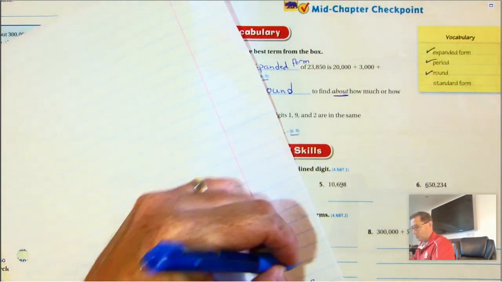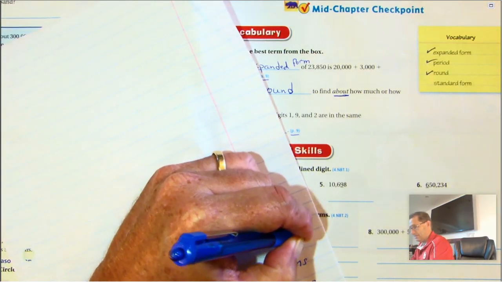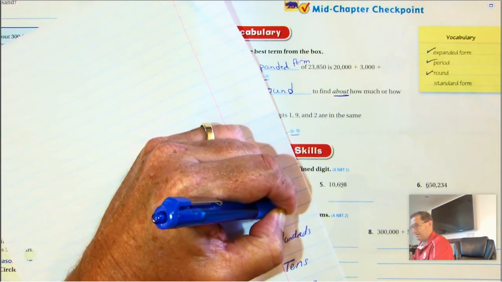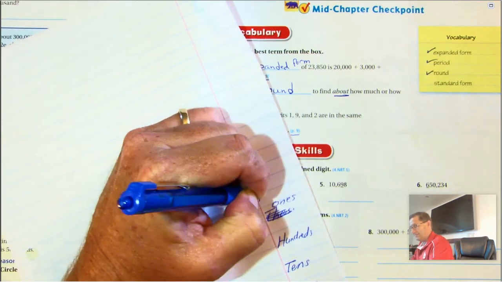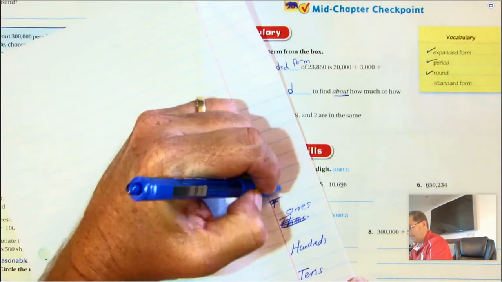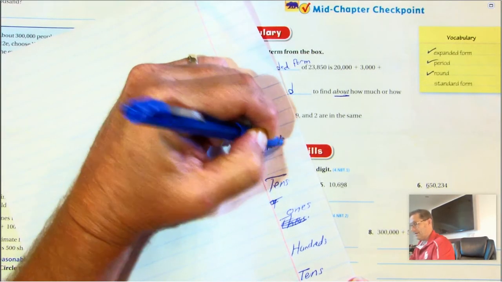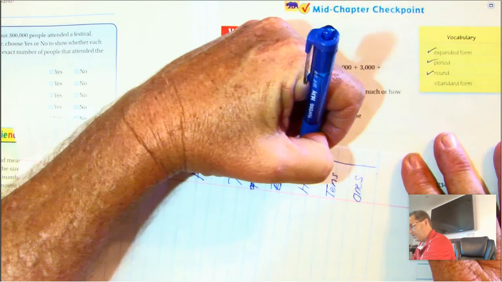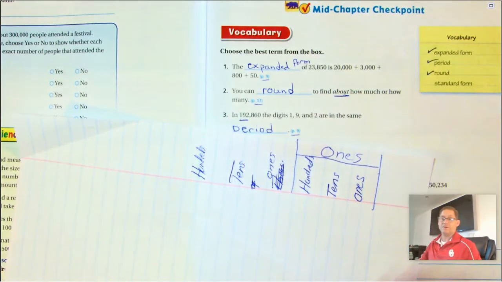So I'm going to use 2 lines, ones, tens, hundreds, ones, tens, hundreds, and then we know that the first 3 numbers, we call those the ones, and so we can block that out.